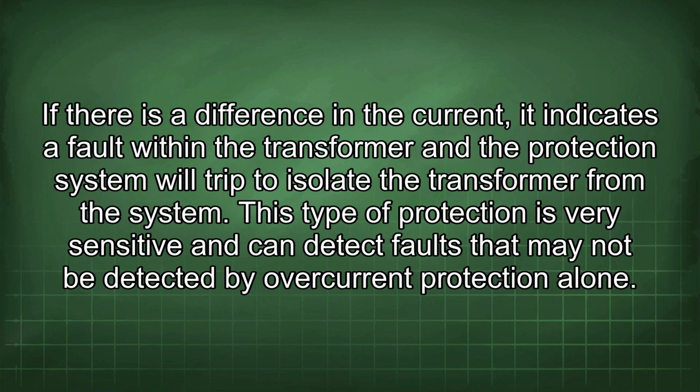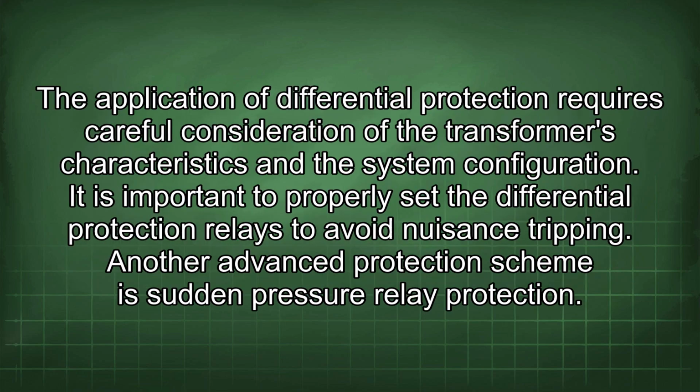This type of protection is very sensitive and can detect faults that may not be detected by overcurrent protection alone. The application of differential protection requires careful consideration of the transformer's characteristics and the system configuration. It is important to properly set the differential protection relays to avoid nuisance tripping.